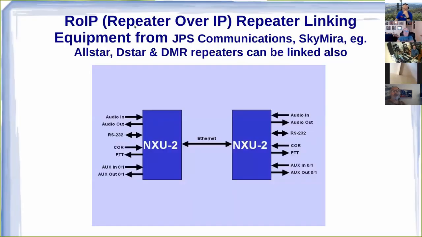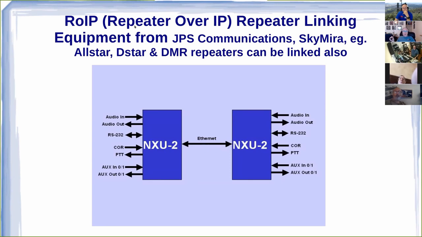Other stuff. Once you convert analog to digital, the sky's the limit. And if you have two analog repeaters remotely located, you can link them over the mesh network. If they're DMR, D-Star, and AllStar, obviously that's a no-brainer. I don't run any of those protocols, so don't ask me any questions about it, but there are more and more people out there who are doing it.